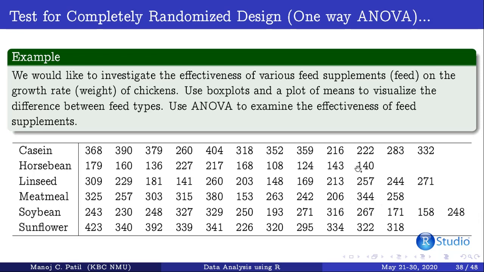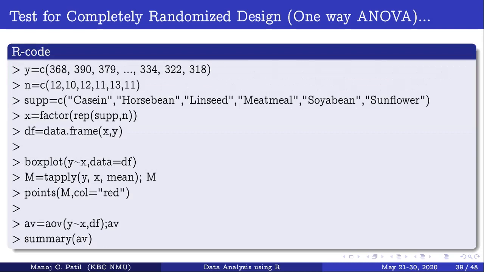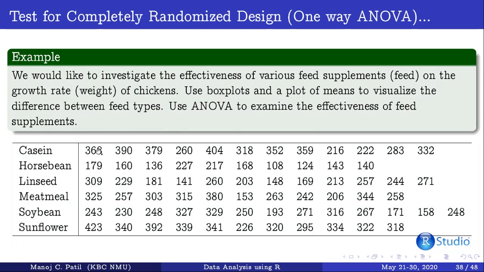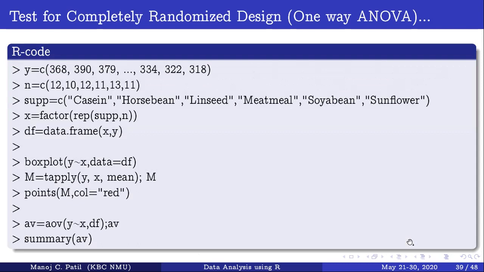Let's move. Here is the R code. It might seem complicated, but it is not. Go ahead, look for Y observations: 368, 390. We just have entered all the Y observations in the same vector.